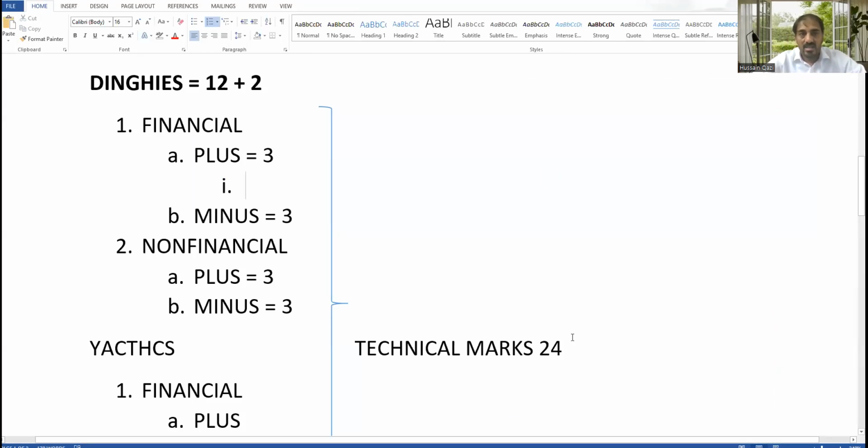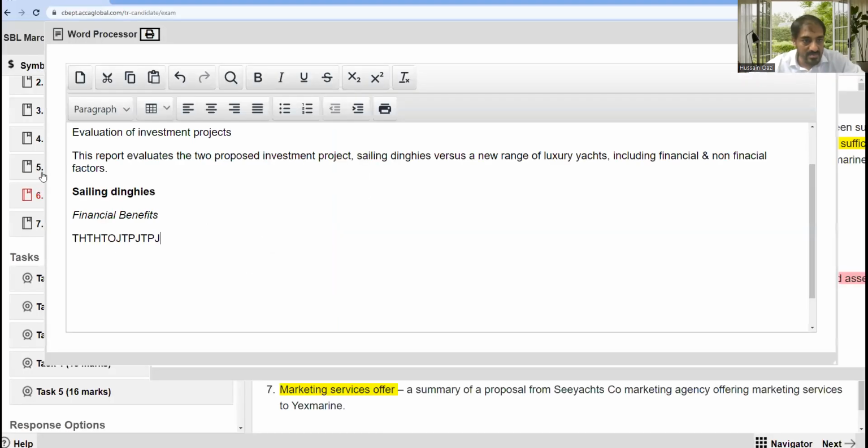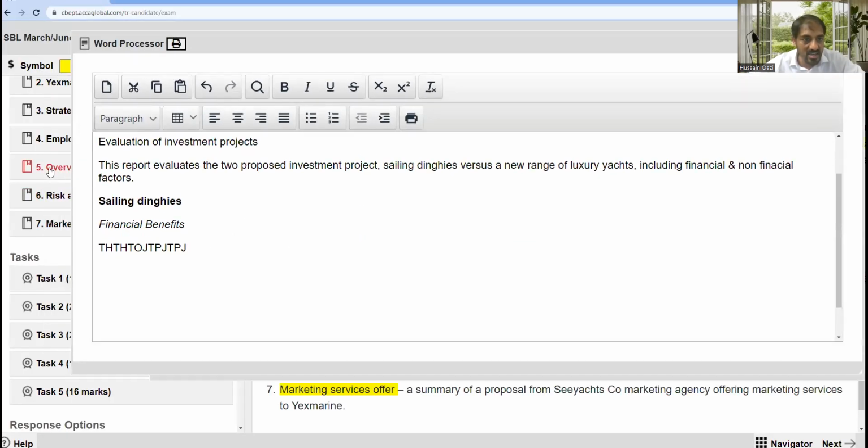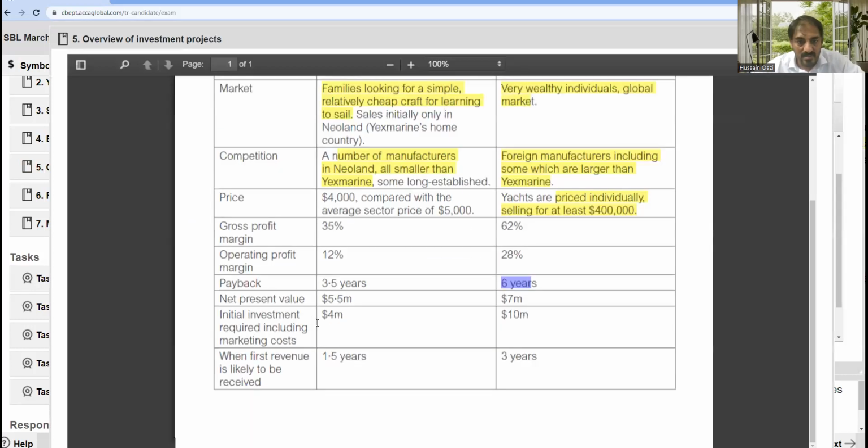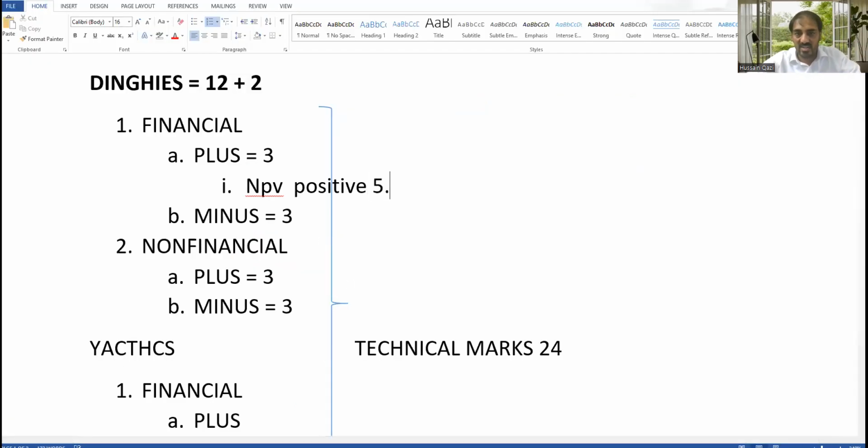For example, for dinghies the financial plus point is that the NPV is positive. The NPV positive here is equal to 5.5. So the first thing is about the profitability, that is 5.5.